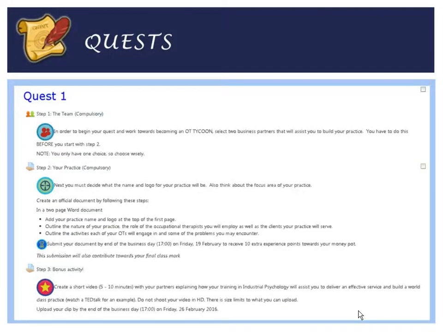I then also included quests. So a quest would be more of a challenge. It's based on the content that we are looking at within a particular chapter, or over a few chapters. And the quest then requires them to put together a document or a presentation. So for example, we were looking at individual differences and motivational theories.